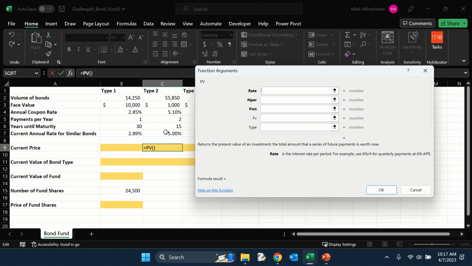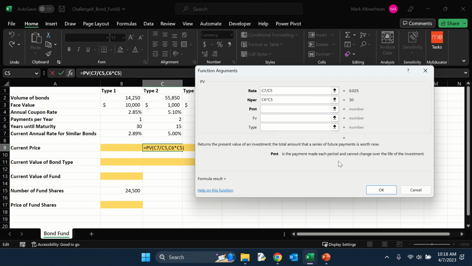So we're going to take this annual rate for similar bonds, and we're going to divide that by the number of payments per year. So that will give us the rate per period. Okay, and then this argument is the total number of payment periods. So that will be our 15 multiplied by the number of payments per year.